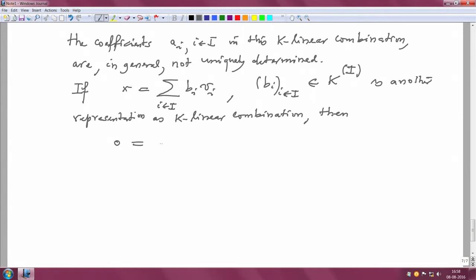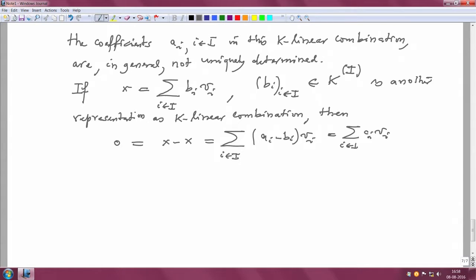0 will be equal to x minus x, and when you collect the coefficients you can rewrite the difference as summation over i in I of (a_i minus b_i) v_i, which will be equal to summation c_i v_i.